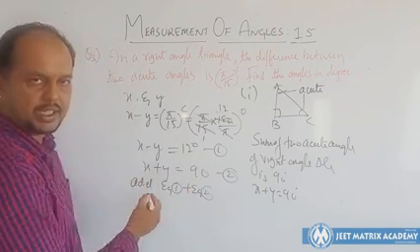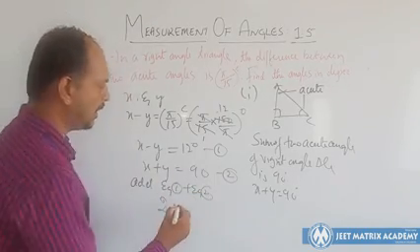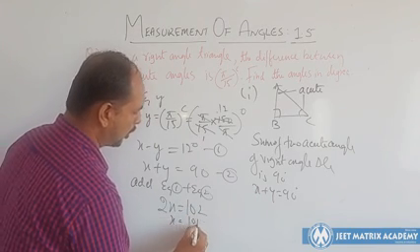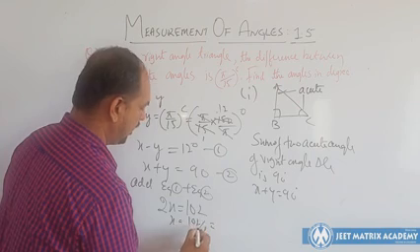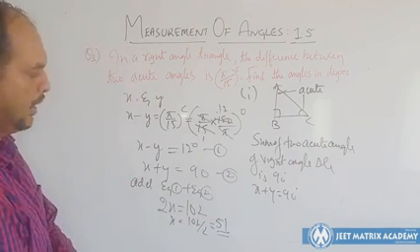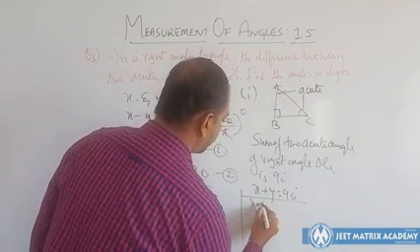What do you get? y gets cancelled. This is 2x equal to 90 plus 12, that is 102. x equals 102 by 2, that is 51. So you got x equal to 51.